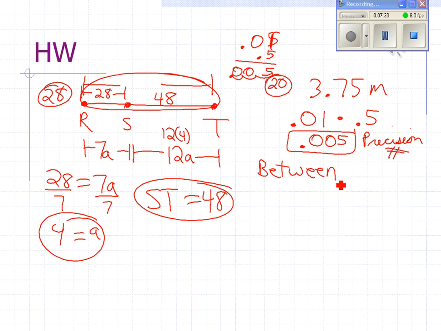So you take this number and subtract it off of 3.75, and you get 3.745. Then you also take that same number and add it on, so it goes up to 3.755. So we're saying we're not exactly sure that the measurement is completely correct, but we're sure that it falls between that range somewhere.